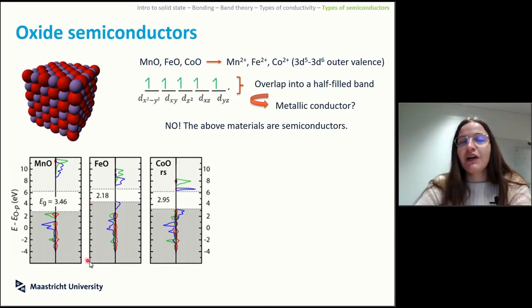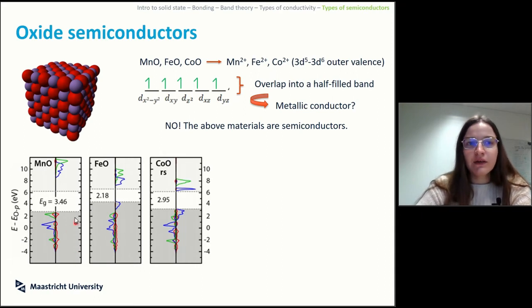And when you actually do the computed band structure by making the molecular orbitals, these are real ones, not the particle in a box one that we have, you can actually see that there is a gap between the states. So it's not contiguous, you don't have all of them, you have a gap in between. So they can be semiconductors, you can jump this gap, but they're not metallic.